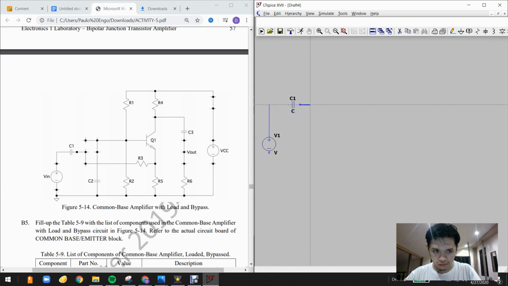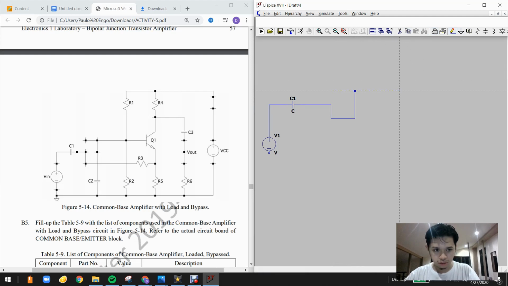So instead of connecting it upwards, we're gonna go downwards. Notice that new connections are made here. Let's see.